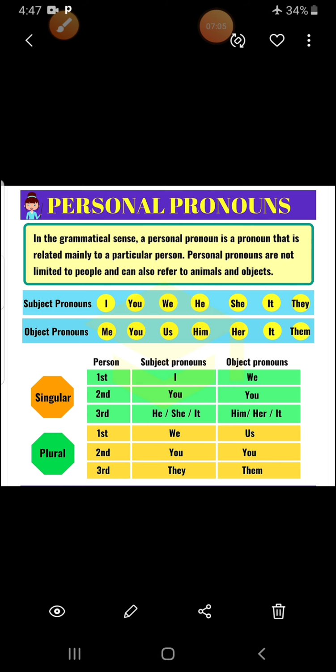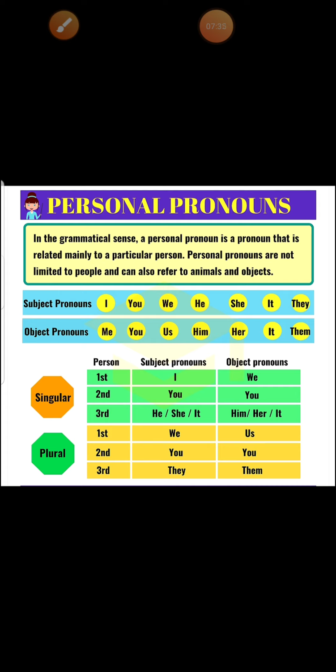See this table. If first person is there in singular form, what do we use as subject? I. And second person, what do we use when it's singular as subject? You. Then if it's third person, he, she, it.